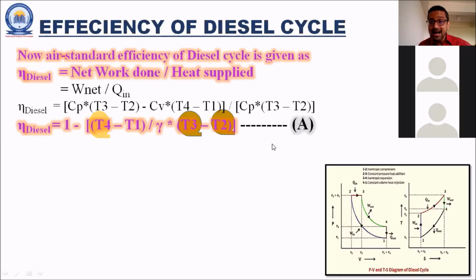Now we know that gamma is equal to Cp by Cv, but here I have the ratio Cv upon Cp, so Cv upon Cp is equal to 1 by gamma. Substituting that, it is divided by gamma into (T3 minus T2). Is it clear to all the students now? Shall I proceed further with the derivation?